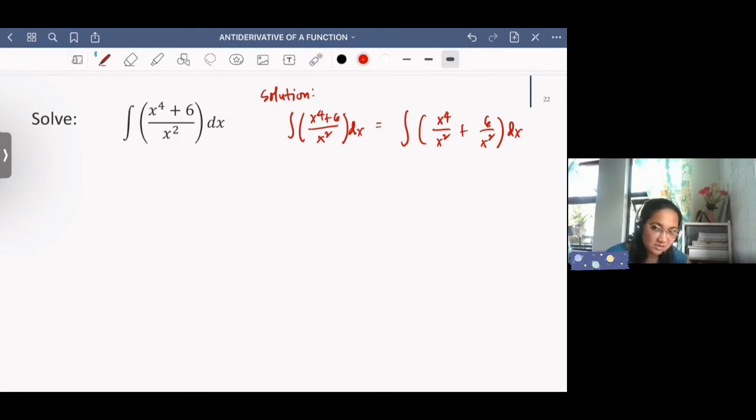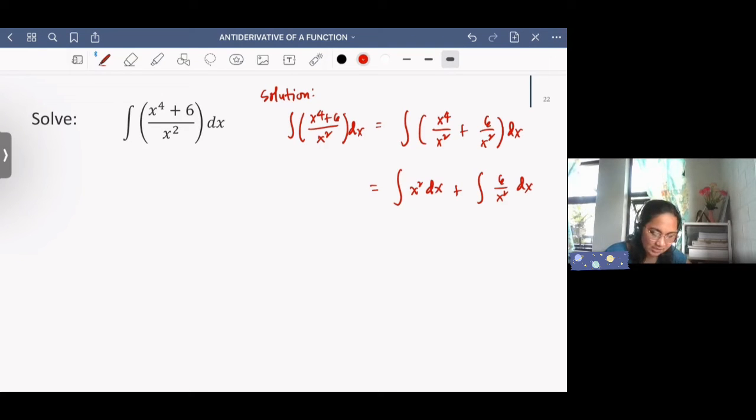Next is we will simplify them, and while simplifying them, we will apply the sum rule. This is now the integral of x raised to 4 divided by x squared, that is equal to x squared, and then let's have dx plus the integral of 6 over x squared dx.